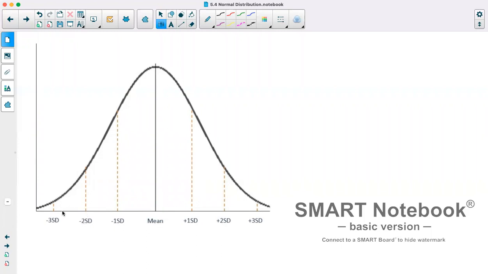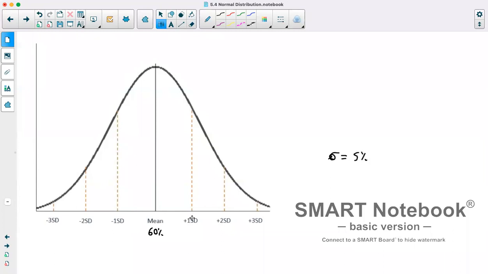So what this essentially means, if we put it into some sort of context you may be more familiar with, is if, let's say, a class had a test, and our class average was 60%, and let's say their standard deviation was equal to 5%.